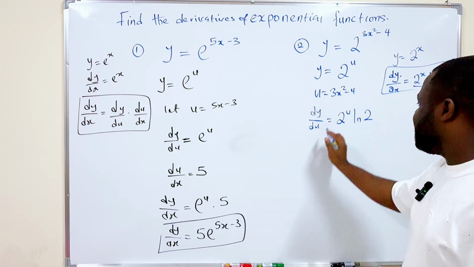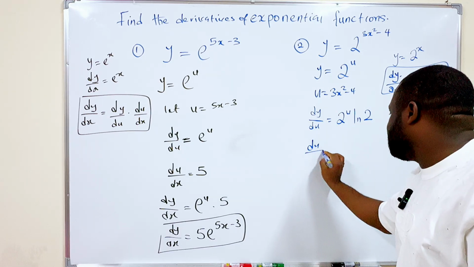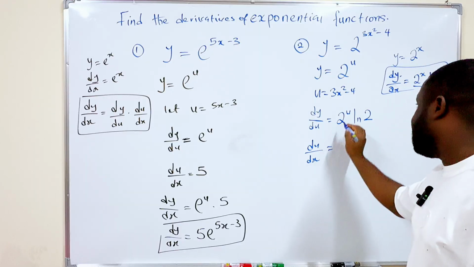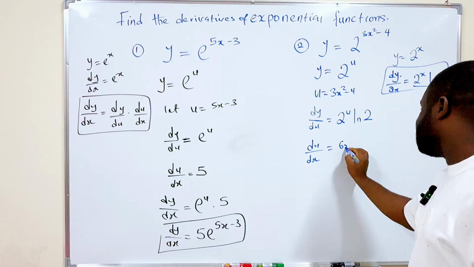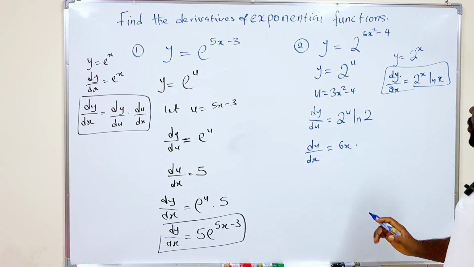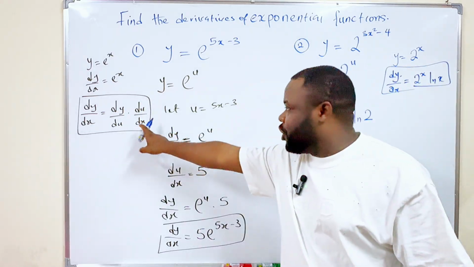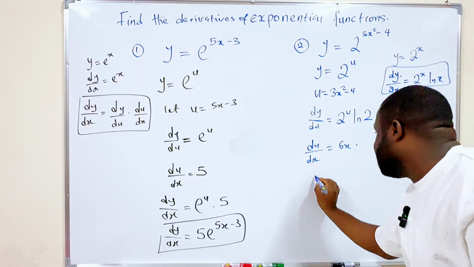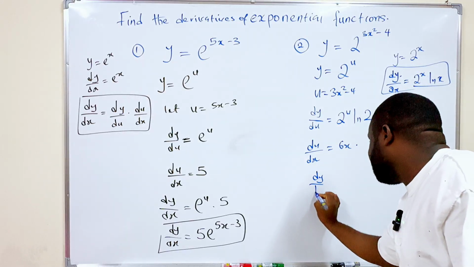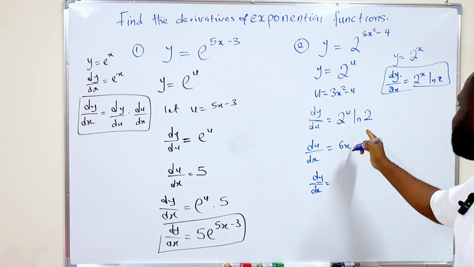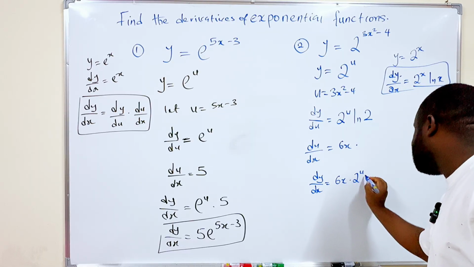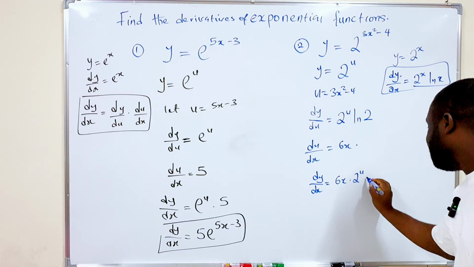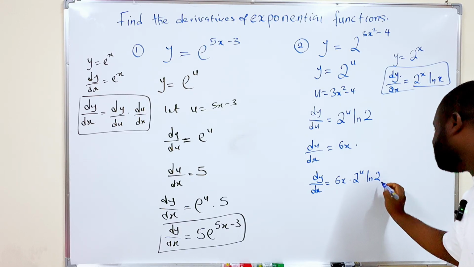So we now differentiate u with respect to x. The du/dx will give us 2 times 3, which is going to give you 6x. So that is what it's going to give you. So we now apply our chain rule. We now say dy/dx equals 6x multiplied by 2 power u, then ln 2.